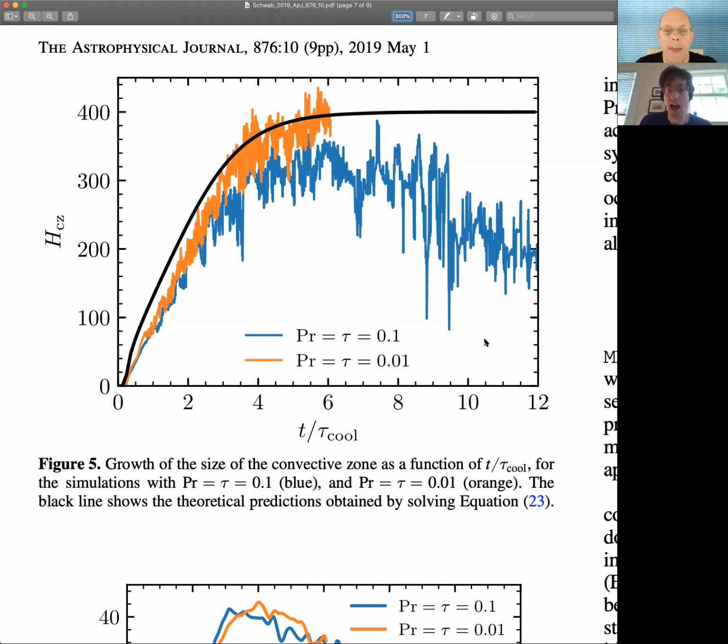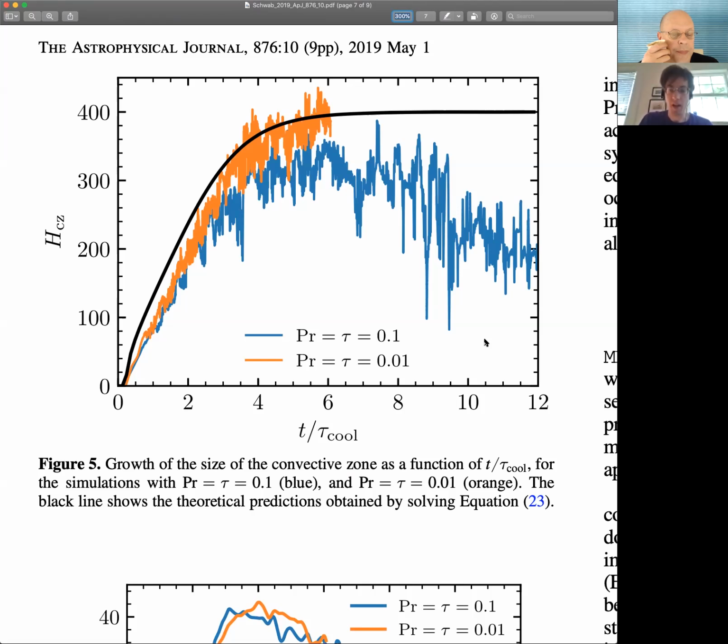That's what this black line is. And the orange and blue lines are the size of the convection zone in two of our calculations, where we've also changed the dimensionless fluid numbers governing these, moving them closer and closer to the stellar values, although still falling short of the actual stellar values.